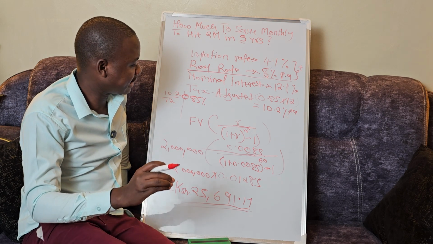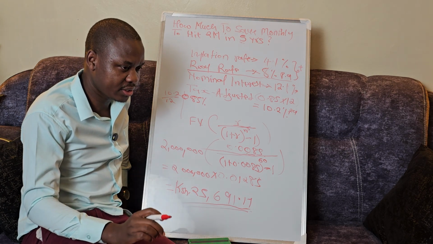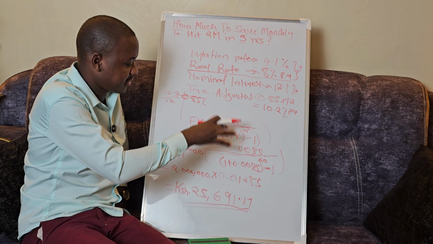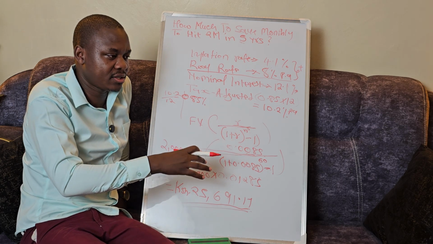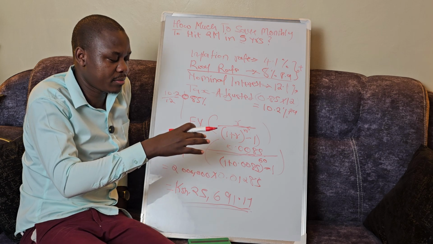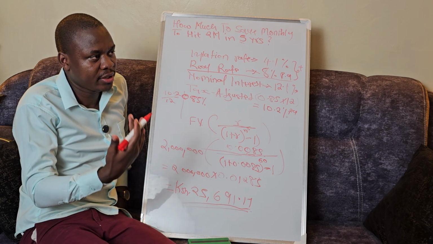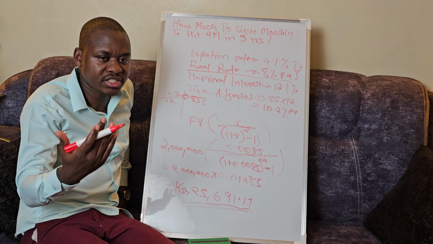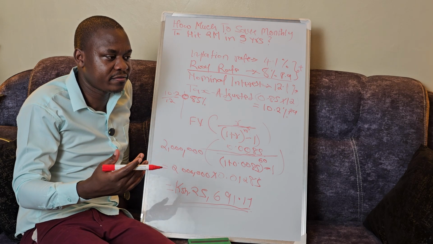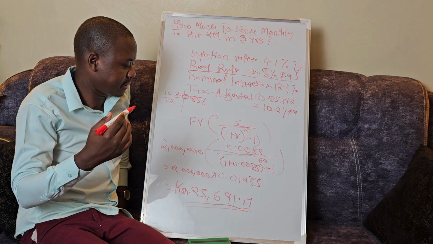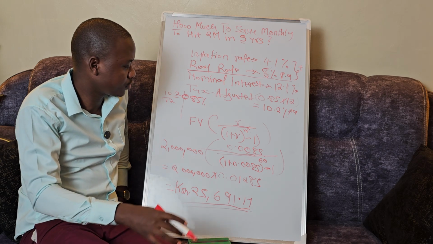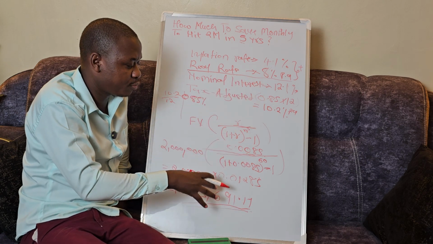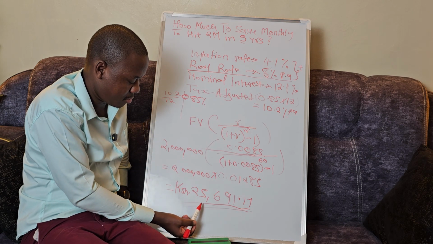Now, something else I need to tell you: if you do this saving in a traditional savings bank account, usually they don't give compounding interest. They usually give simple interest. With simple interest, you will not achieve this. You will have to pay more than this.